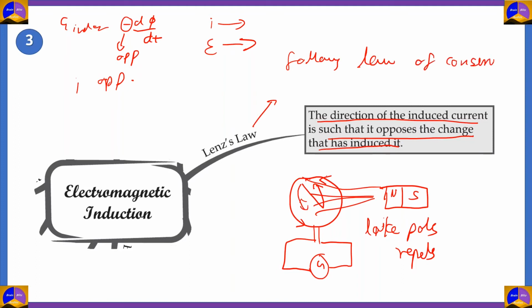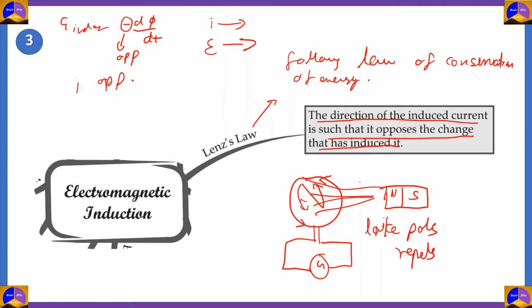And this law, although initially not seeming to be so, follows the law of conservation of energy. At first glance, you might think that it actually wastes energy, but no, it follows the law of conservation of energy. And the way in which we can see that is, the magnetic energy produced is getting converted into electrical energy. So the flux now produces EMF, and the EMF also induces current.